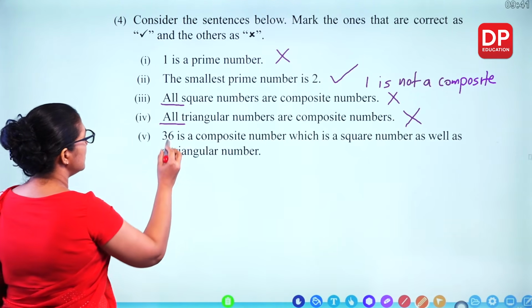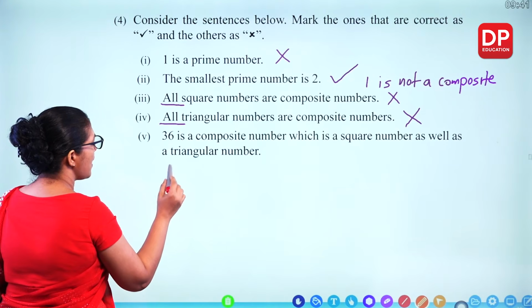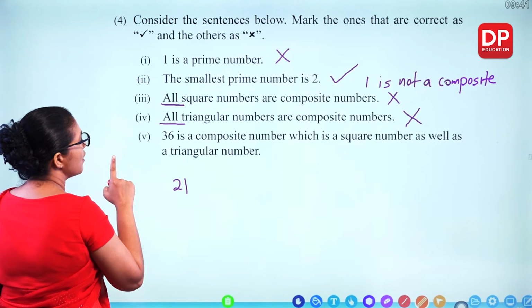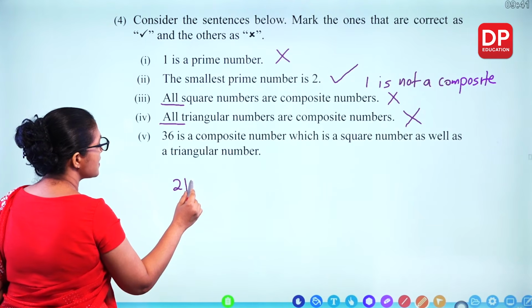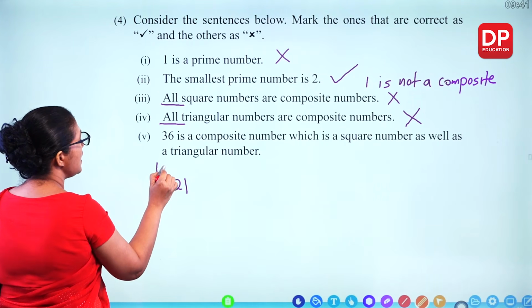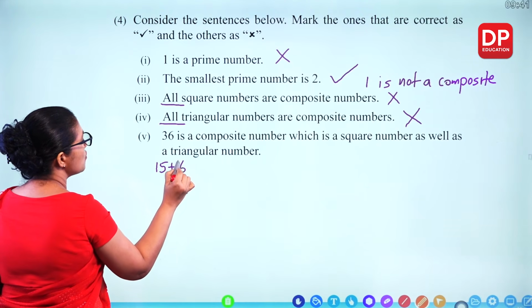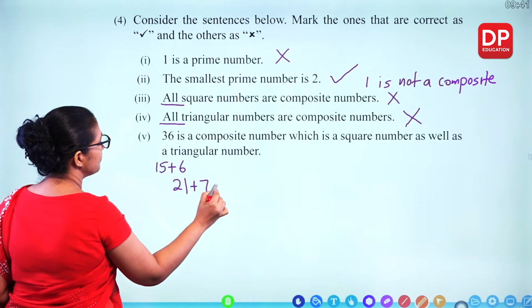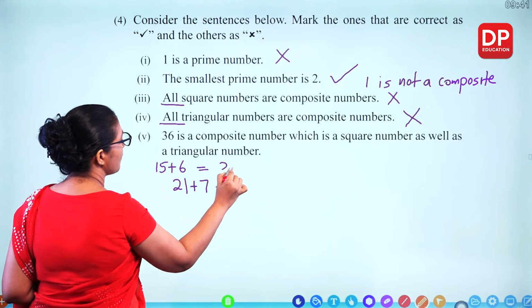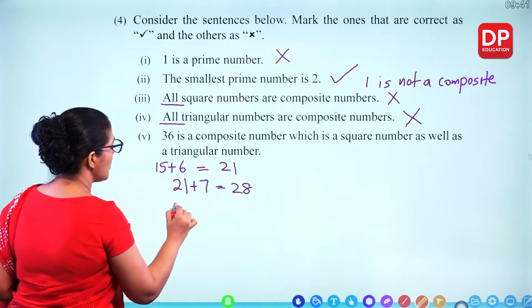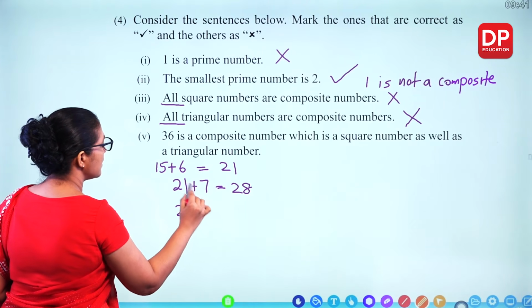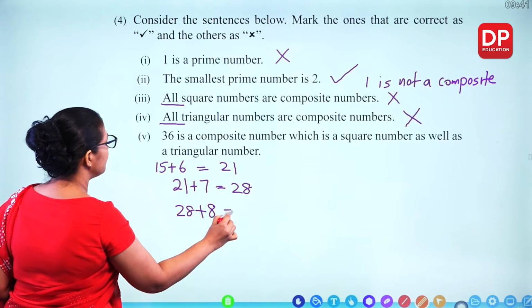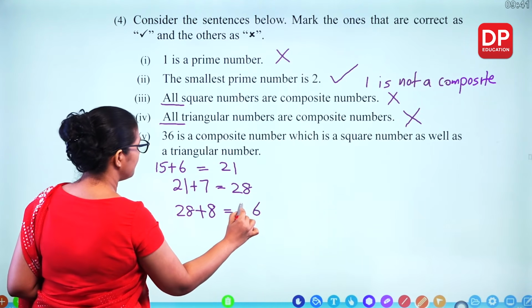Check. So we know 15 plus 6, 21 is a triangular number. 21 plus 7, 28. 28 plus 8, 36.